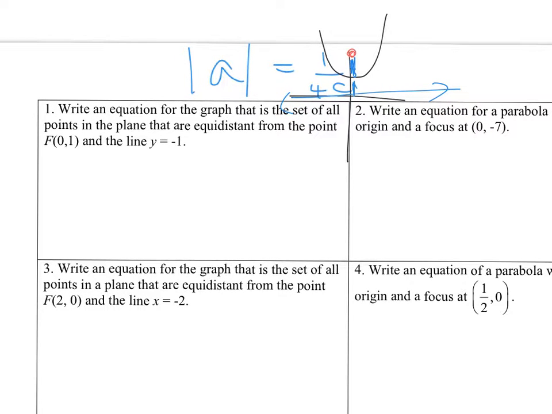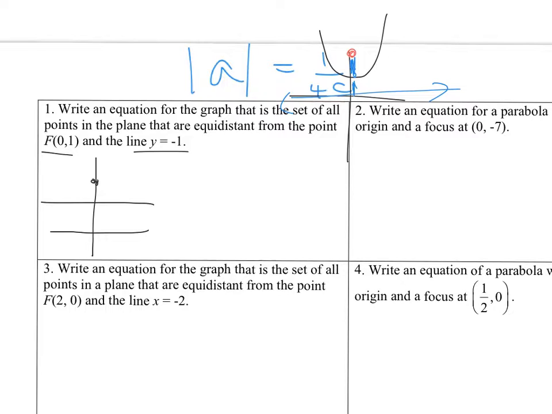Okay, so number 1: write an equation for the graph that is the set of all points in the plane that are equidistant from the point F, which is a focus, at (0, 1), and the line y equals negative 1. So let's look at what's going on in this parabola. You have a focus at (0, 1) and the line y equals negative 1.